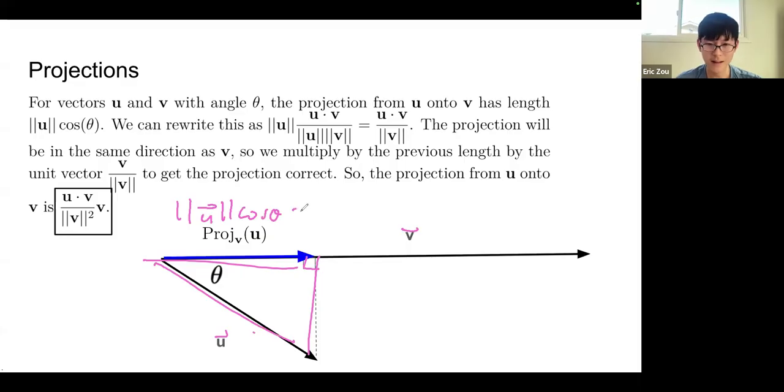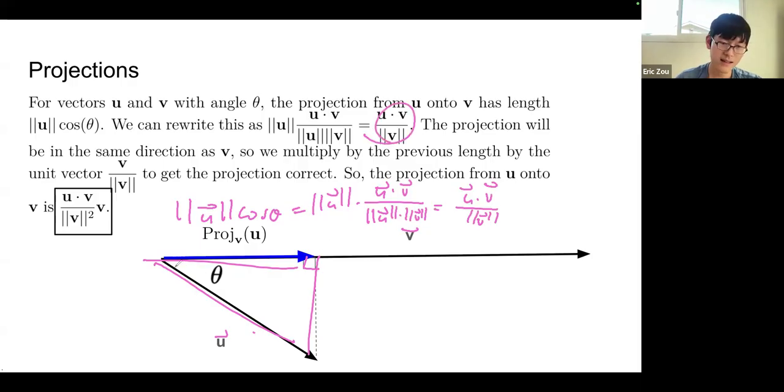Cosine theta is exactly u dot v divided by u norm times v norm. So this is u dot v over v norm, right here. And because this blue arrow is technically a number, we want to make it a vector instead because we want the direction.